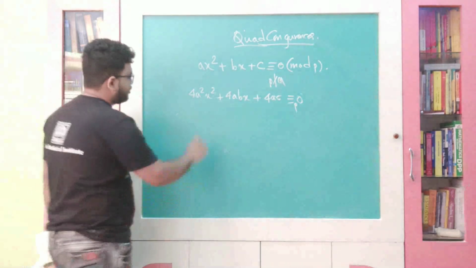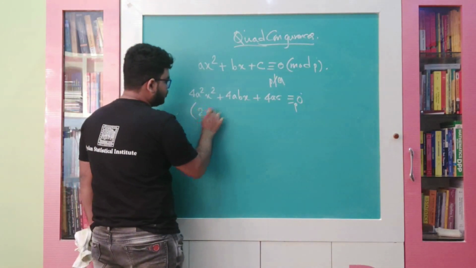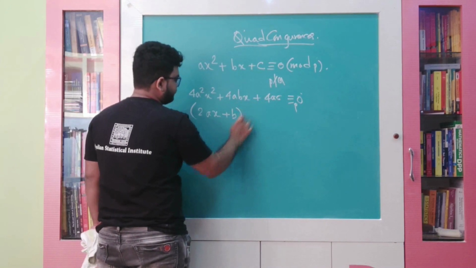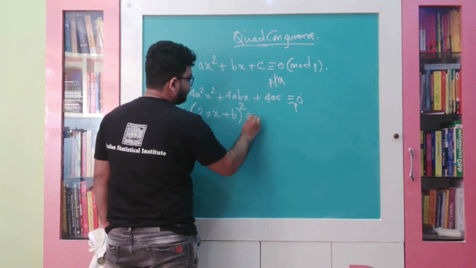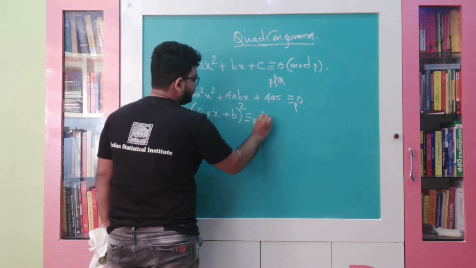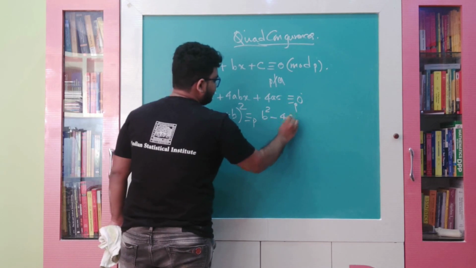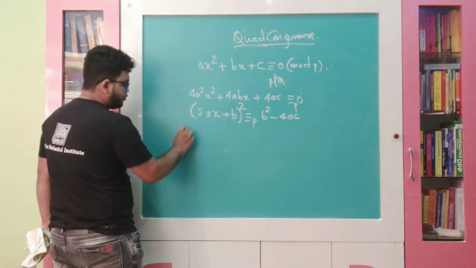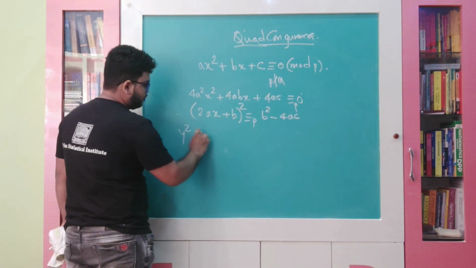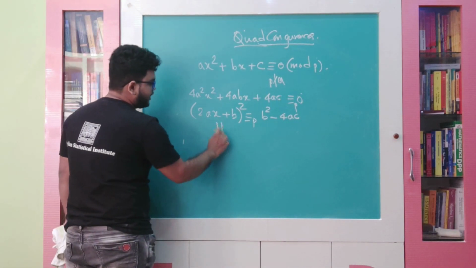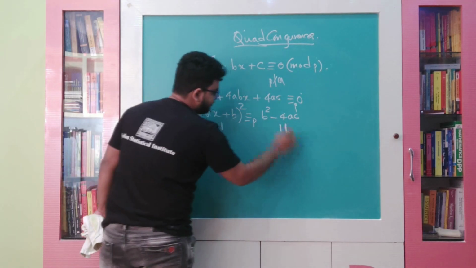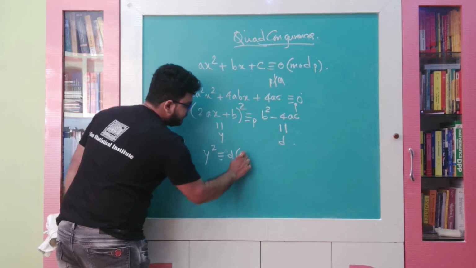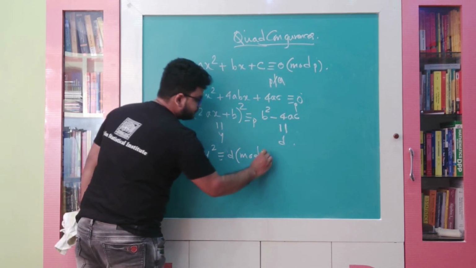That means (2ax plus b) whole squared is congruent to b squared minus 4ac mod p. So if this is y and this is b, then y squared is congruent to b modulo p.